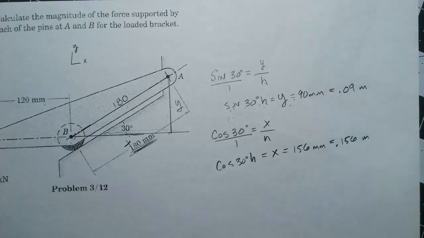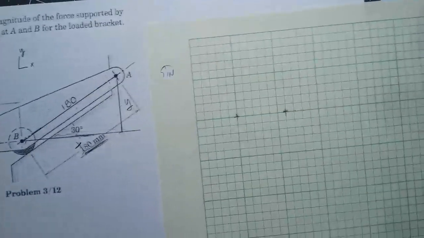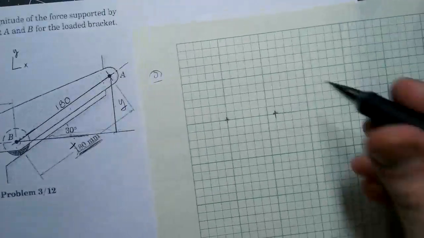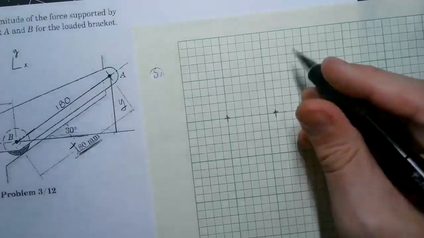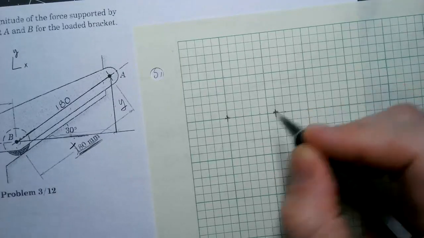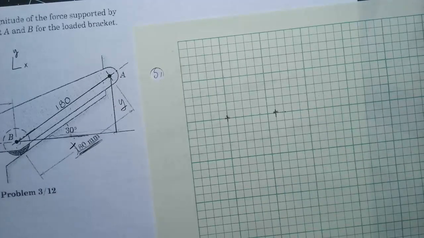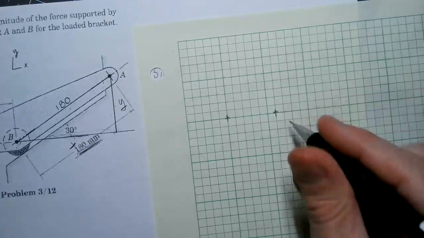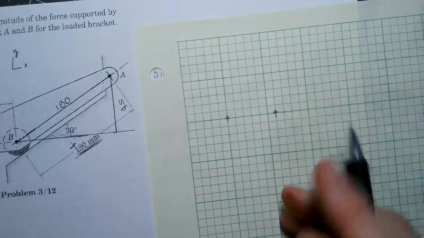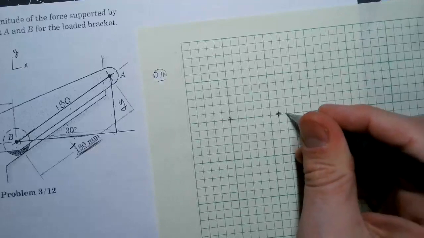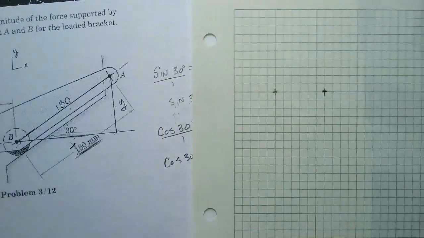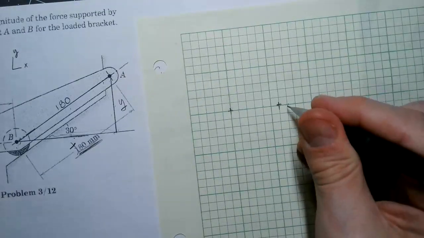We come back to our free body diagram that we started, and what we'll find is that applying our scale that we already established of about 20 millimeters per block, if we come over in the x about 8 blocks, so it's pretty close to 160, and it doesn't have to be perfectly to scale.